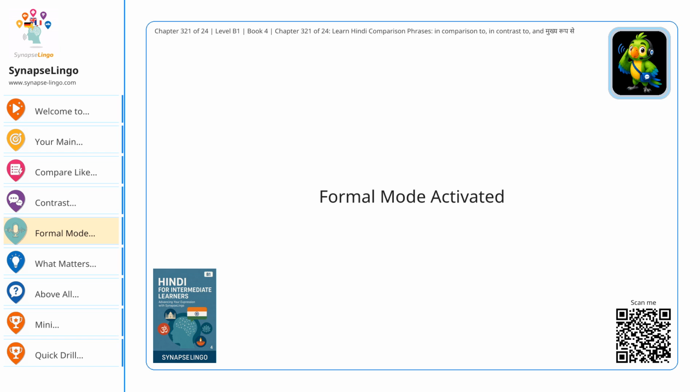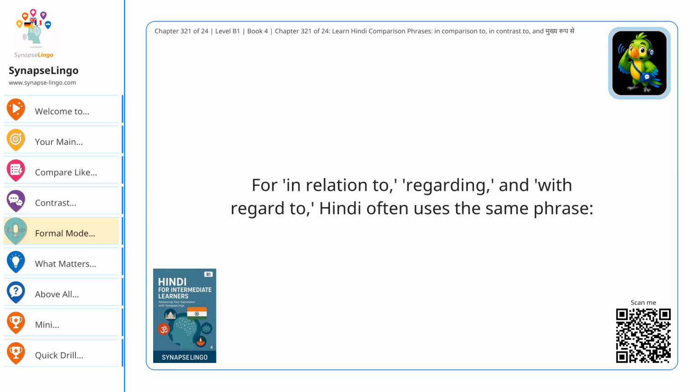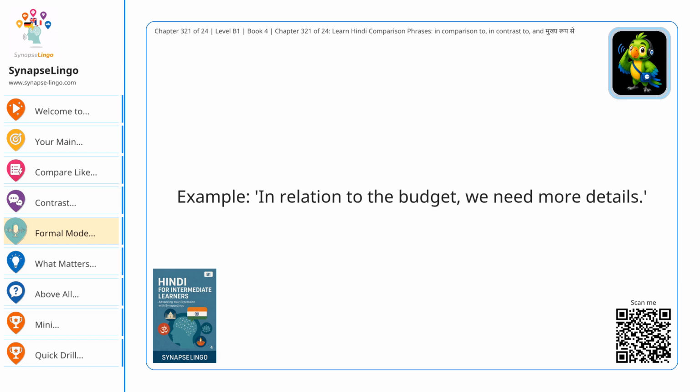Formal mode activated. Now we switch from circus monkey to office professional. Straighten your imaginary tie. You're about to sound very official. For in relation to, regarding, and with regard to, Hindi often uses the same phrase: के संबंध में. Example: in relation to the budget, we need more details.